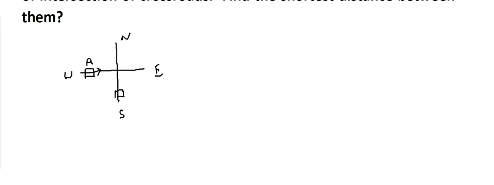B is moving south to north with the speed 54 kmph. Also, their distances are different from the point. This is 500 meter from the crossroad. This is the crossroad. This is 400 meter. Now, what is the possible closest distance of approach or minimum distance between the two?